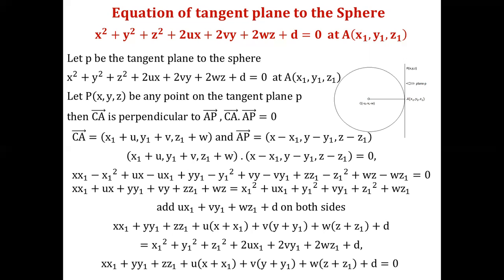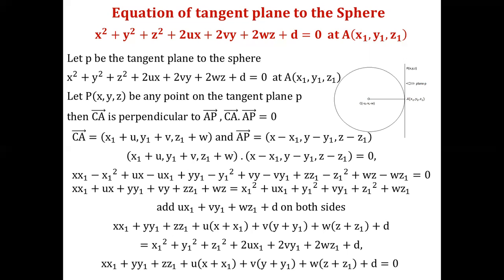Just take the dot product, that is simple multiplication. You are going to get xx1 minus x1 square plus ux minus ux1 plus yy1 minus y1 square plus vy minus vy1 plus zz1 minus z1 square plus wz minus wz1 equal to 0.